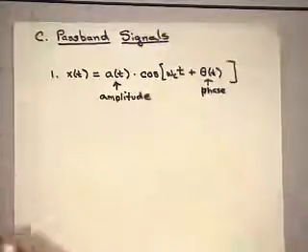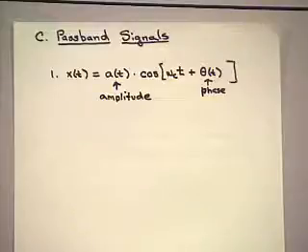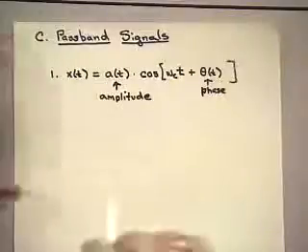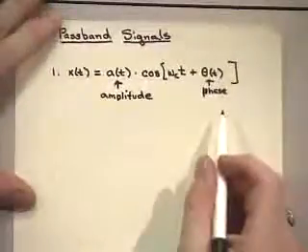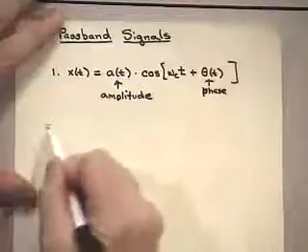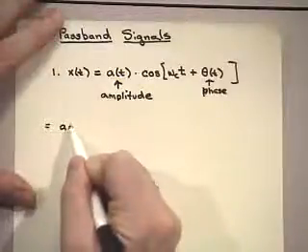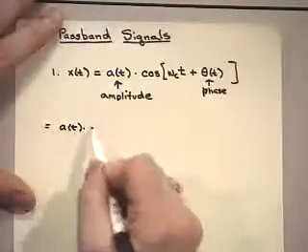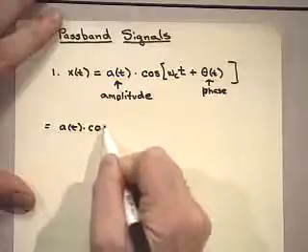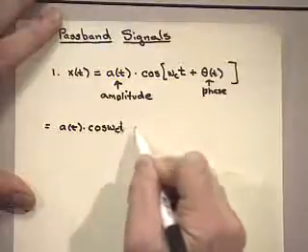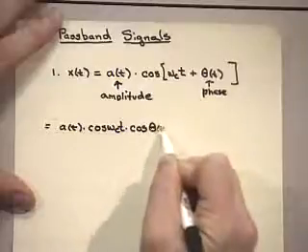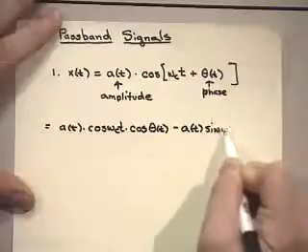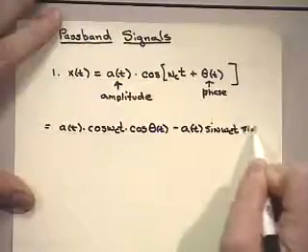Now, you probably remember from your basic trig classes that when you see cosine of a plus b, you can write cosine a times cosine b minus sine a times sine b. So we could take a function like this and use that formula, rewrite it as a of t times cosine of omega_c t times cosine theta of t minus a of t sine of omega_c t sine theta of t.